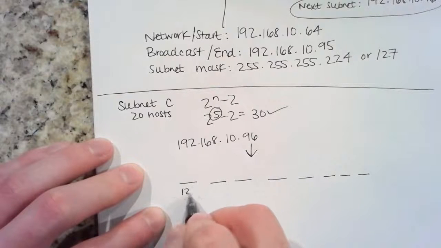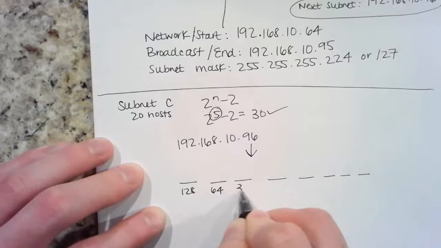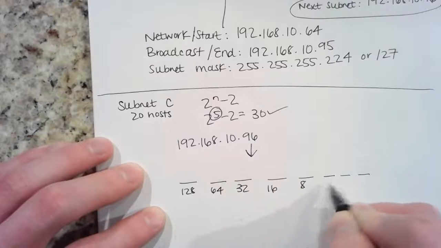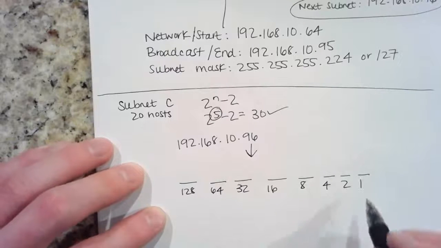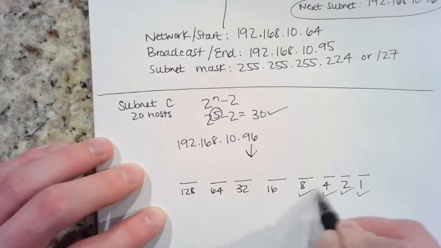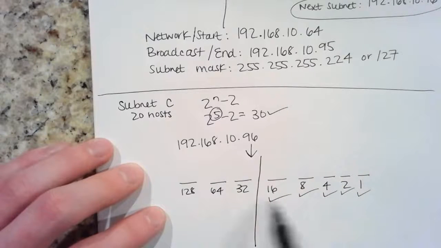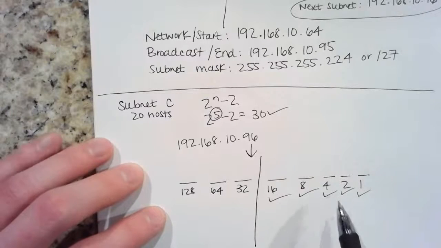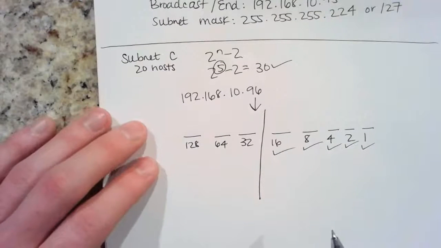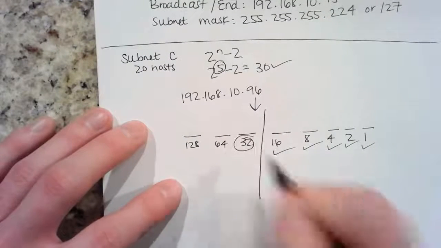Okay, 128, 64, 32, 16, 8, 4, 2, and 1. We borrowed 5. Draw a line to the left of that fifth one. So when we look back, we should see 5 borrowed to the right. Okay. So we're incrementing by 32 here.